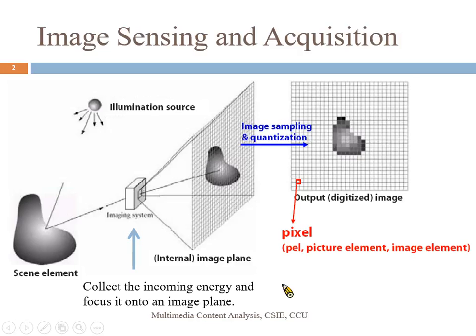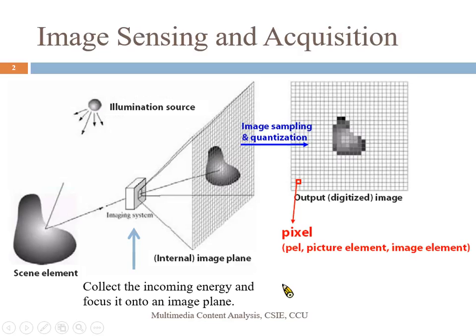So here we will first talk about how a digital image is constructed. Okay, we human beings live in an analog world. Everything in the real world is a continuous signal.